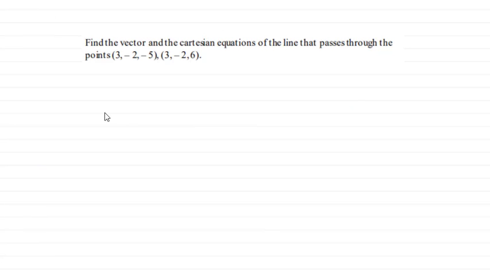We have these points, and we have to find the vector and the Cartesian form. So the vector form will be r equals a, which is 3i minus 2j minus 5k, plus lambda into (b minus a).